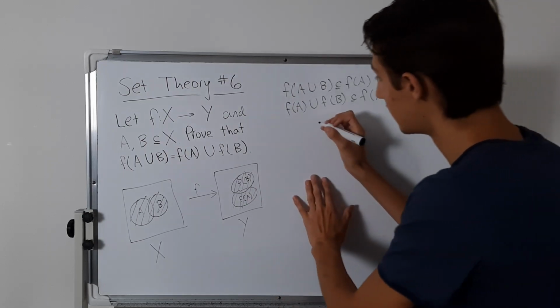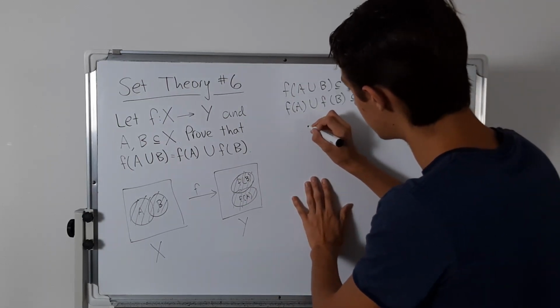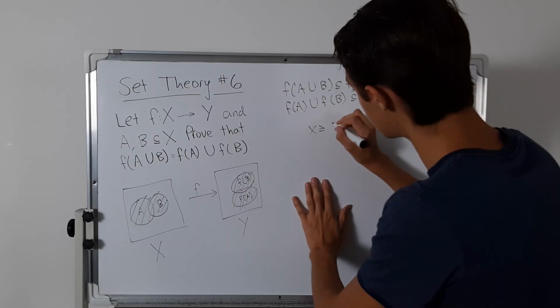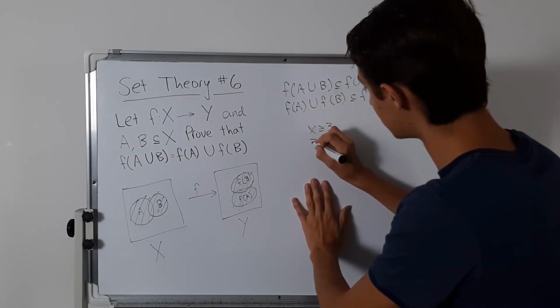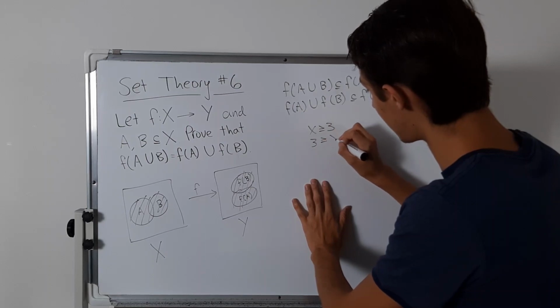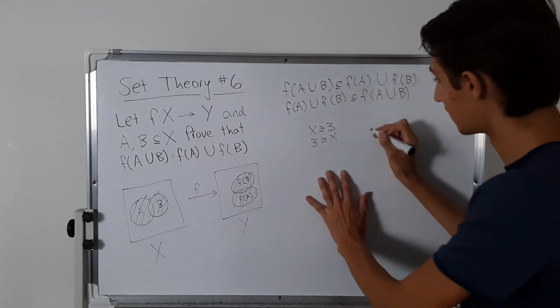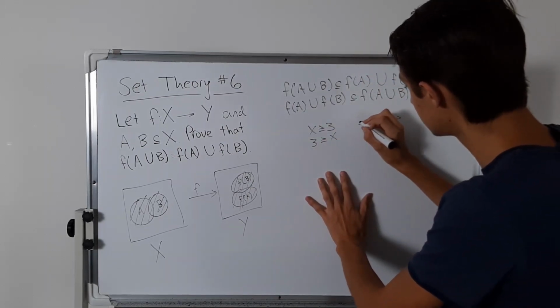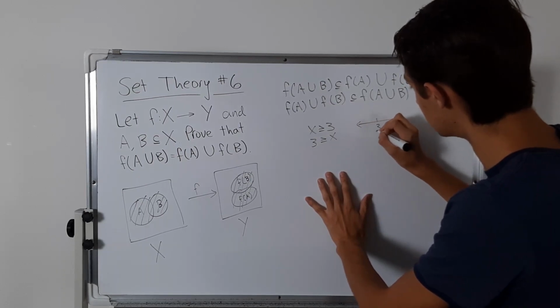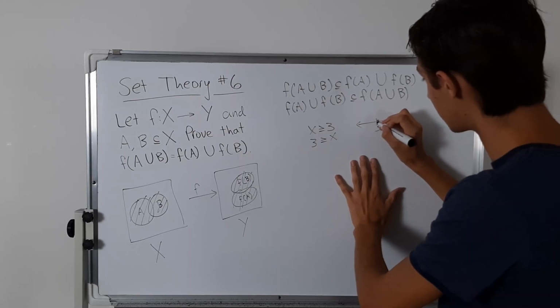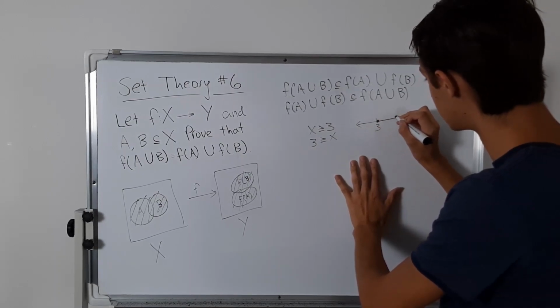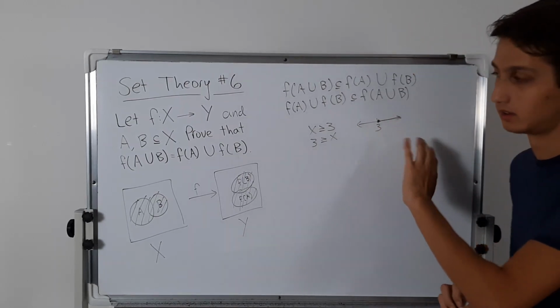It's like saying, if we have x is greater than or equal to 3, but then we also have 3 is greater than or equal to x, well, if we draw that on a number line, let me just put 3 in the middle. If x is greater than or equal to 3, then x could be all of those guys.